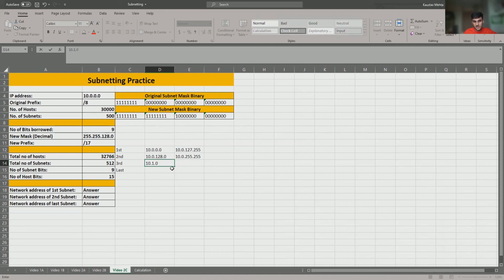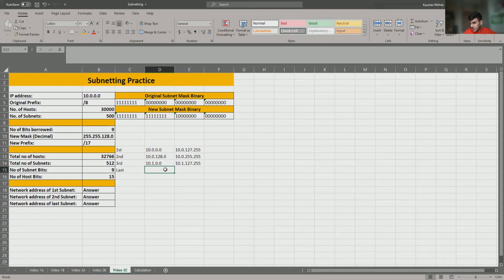So 10.1.0.0 for the network address, and 10.1.127.255. And then the fourth one would be 10.1.128.0, and the broadcast would be 10.1.255.255.